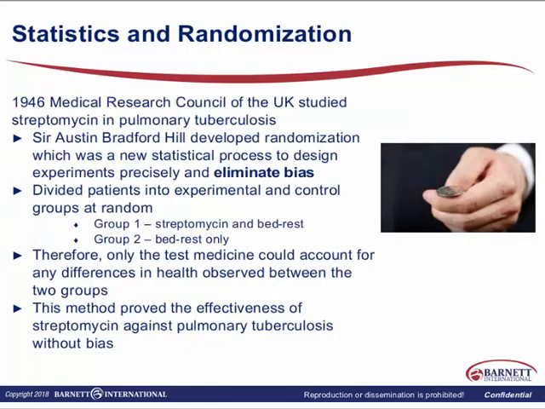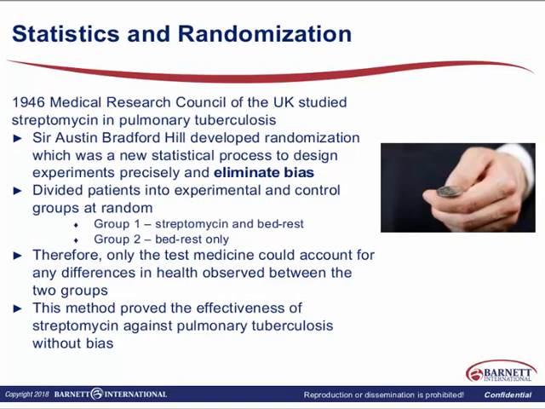Also, we can look at how statistics and randomization, which is a standard that we bring into how we conduct clinical trials, has occurred. A gentleman by the name of Sir Austin Bradford Hill developed statistics and randomization in his experiments to eliminate bias.